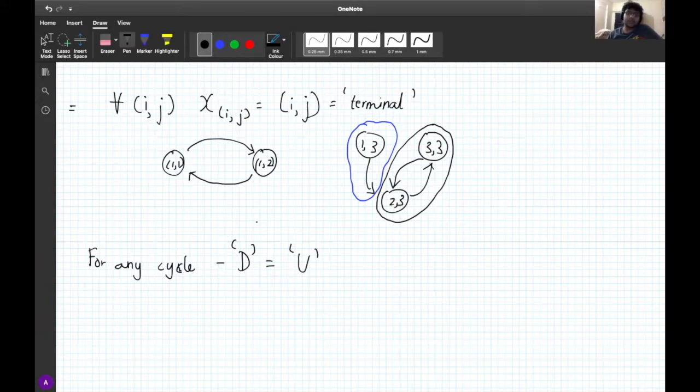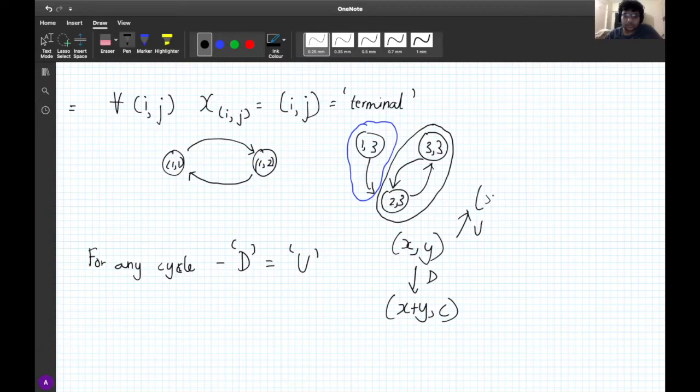Because you have to eventually come back. So let's say starting at xy, down makes xy turn into x plus 1y, and up makes xy turn into x minus 1y. Oh, did I make it x plus y?